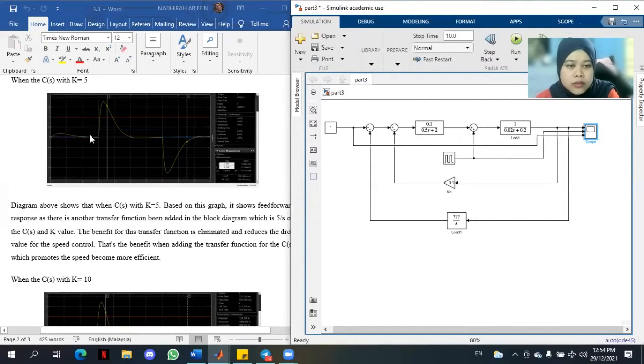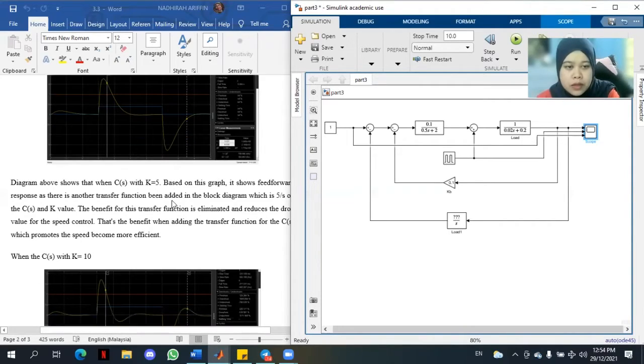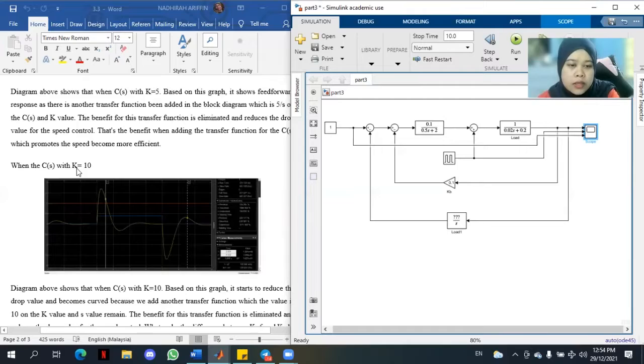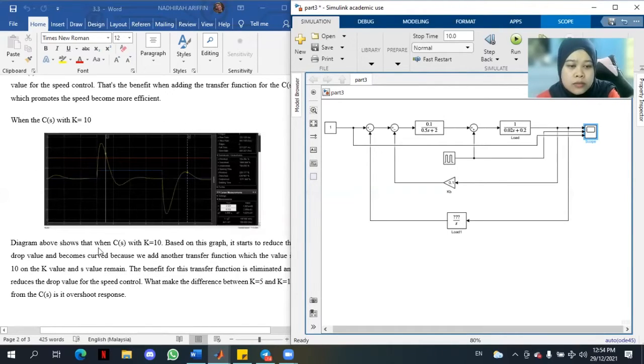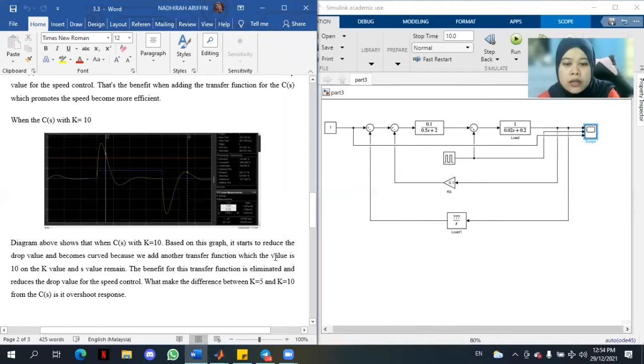Next is for K equal to 5. You can see that there is a curve over here and the overshoot here. And K equal to 10, it becomes a curve because when we add another transfer function with the value equal to 10, the value remains.